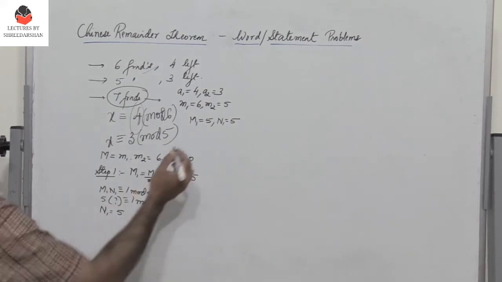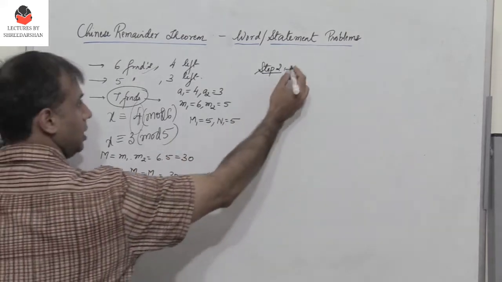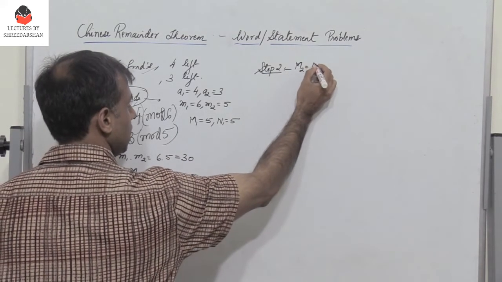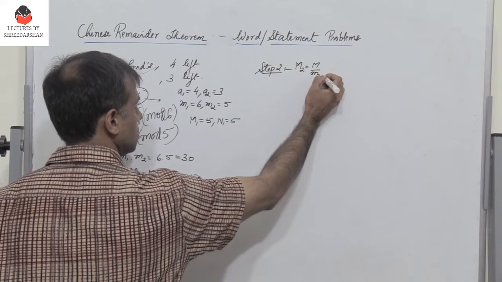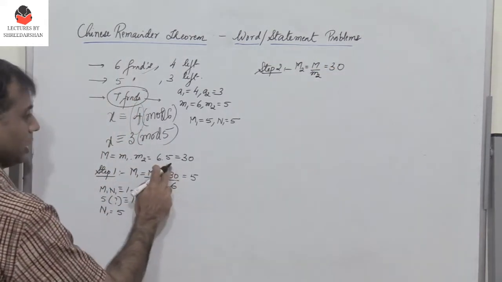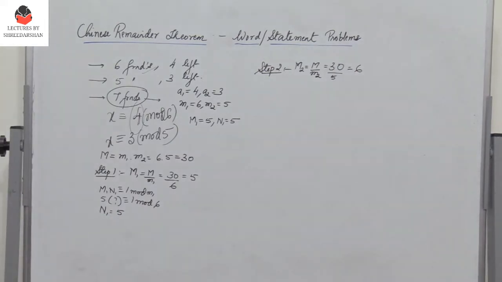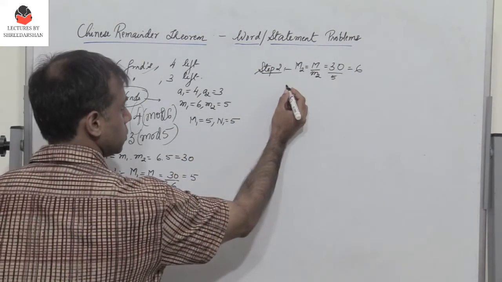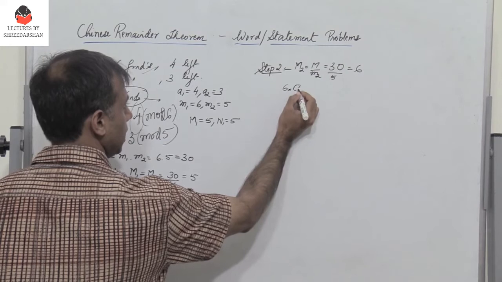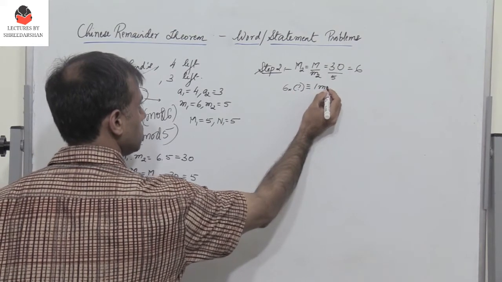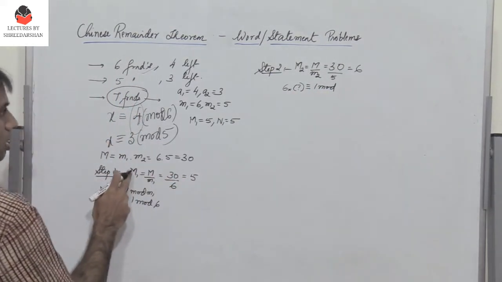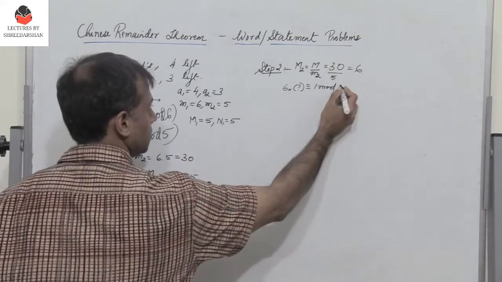Now step 2. M2 equals M by m2. So it is 30 divided by 5, which gives me 6 as the answer. Now we need to find the value of n2. So 6 into a number n2 should be congruent to 1 mod 5.